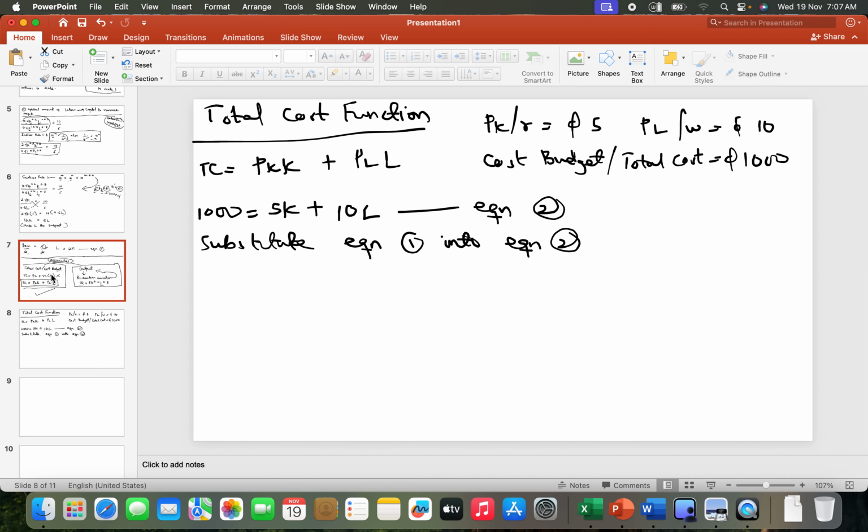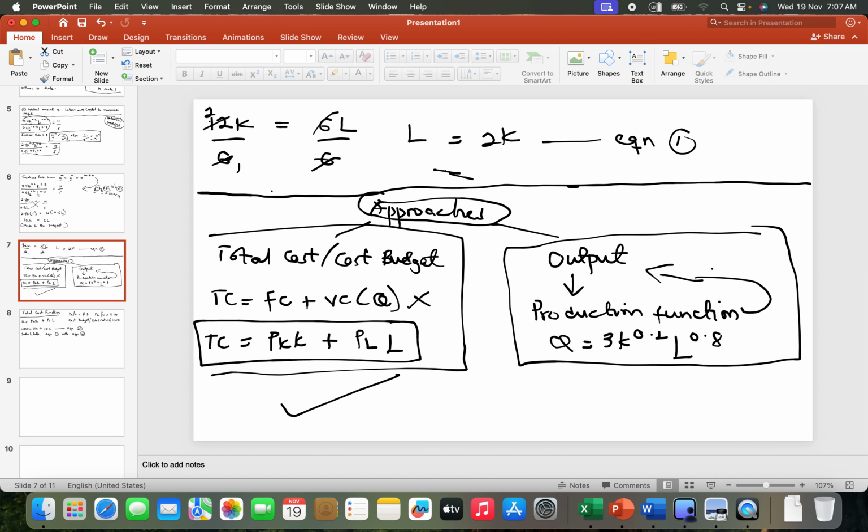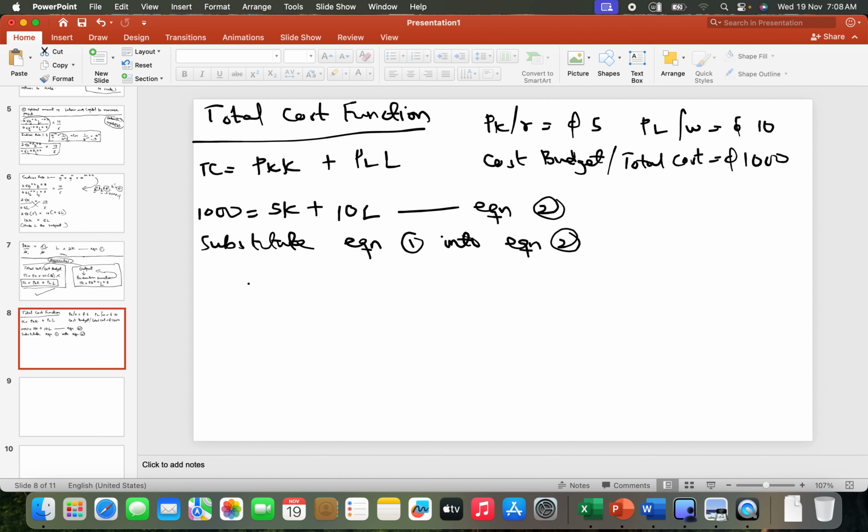Equation 1, this one, was L is equal to 2k. So I'll pick back the function. This is 1,000. This is 5. Anywhere I see L, I'll fix 2k. So this is 10. There's L here, so L, I'll replace it by 2k. 10 times 2 gives us 20k.